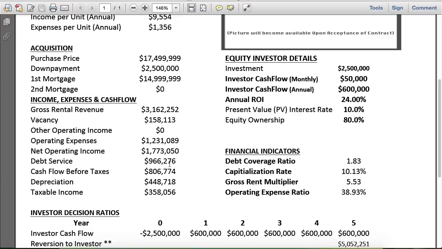So in this scenario here, the annual mortgages are $966,000. Here gives your cash flow. So this lets you know what you have left over per year before taxes. Depreciation, normally that's divided out over 39 years on this type of property. So this way you know on a yearly basis how much depreciation you're going to have and what your taxable income is. So this is part one.